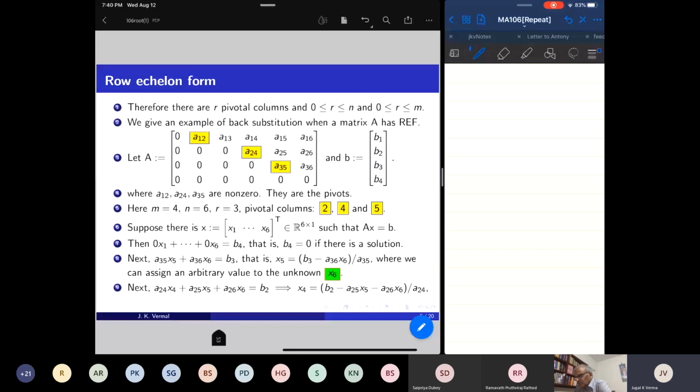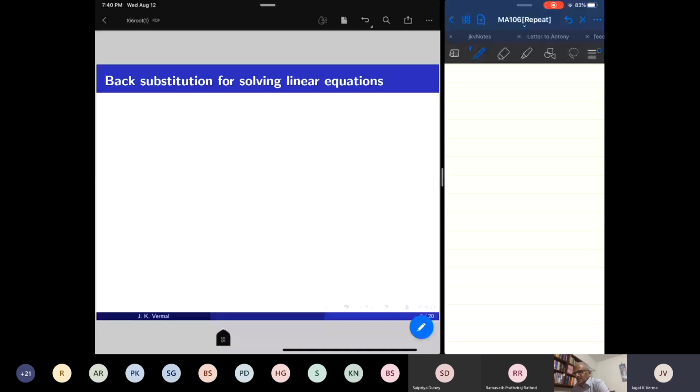So x4 is determined once I know the values of x6 and x5, but x5 was determined by an arbitrary value of x6. So we can find x4 by substituting these values of x5 and x6. Finally, we look at the first equation. In the second equation there was no x1 and there is x2.